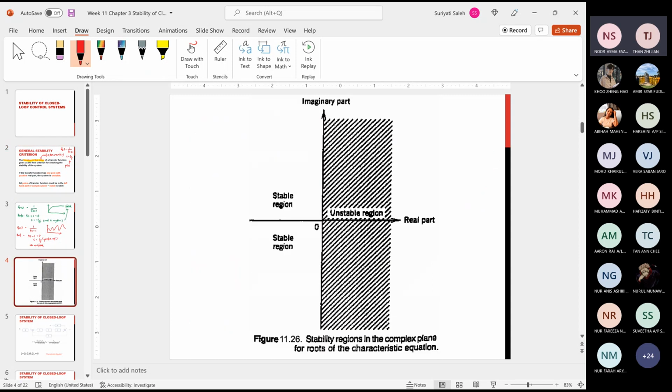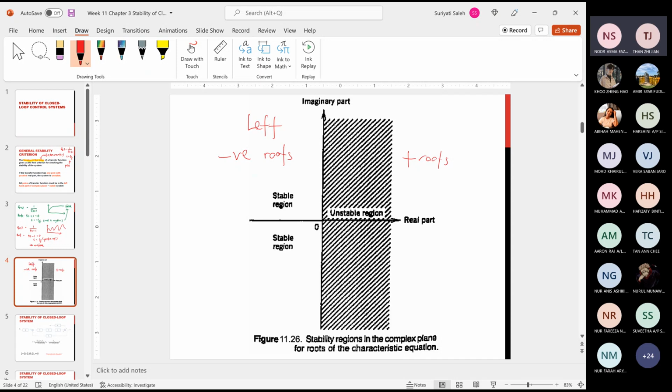This is the stability region on the left, meaning negative root. If you have a positive root, then automatically the process becomes unstable. So we want to make sure our process is stable by ensuring the roots are negative.